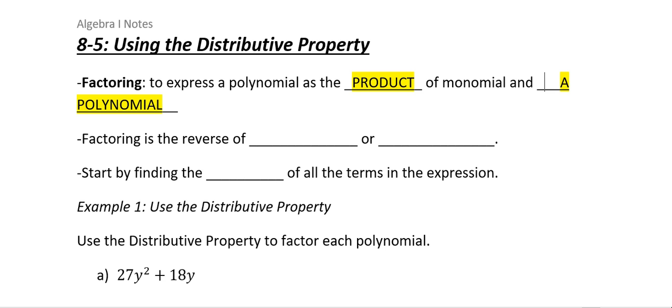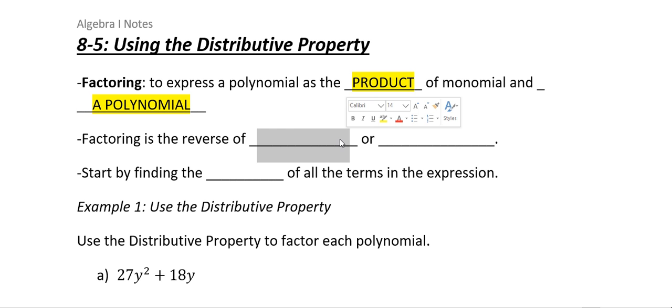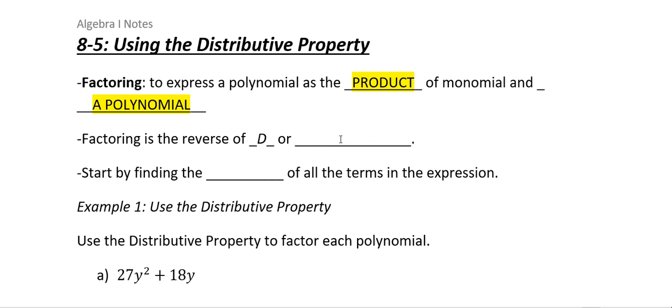So factoring is the reverse of one of two things. Either distribution, which is when we take something and, remember, we draw our arrows, into two different terms, or we can think of it as multiplication.